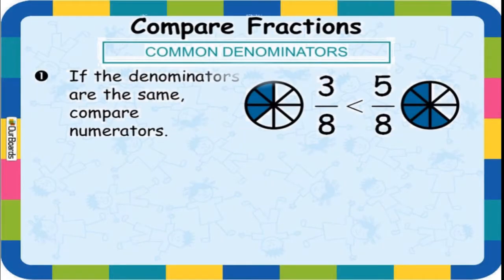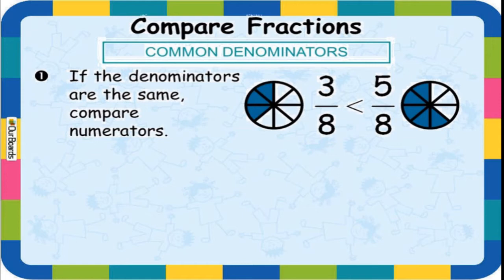Students, we will compare the fractions. Here we can see 2 circles. In the first one, 3 parts are colored out of 8 equal parts. And in the second circle, 5 parts are colored out of 8 equal parts. Yes, means these are like fractions, both having 8 as the denominator. Okay. Here we can see by the help of the picture also, and you also know that whenever the denominators are same, we compare the numerators.